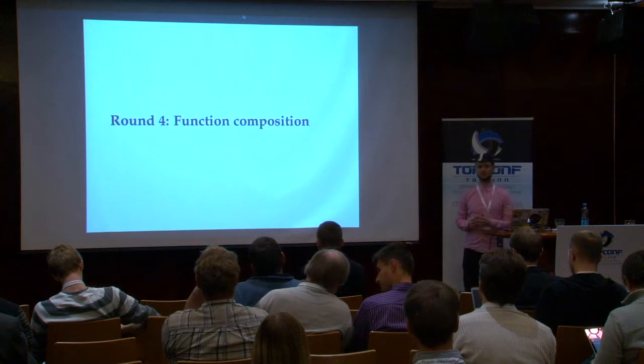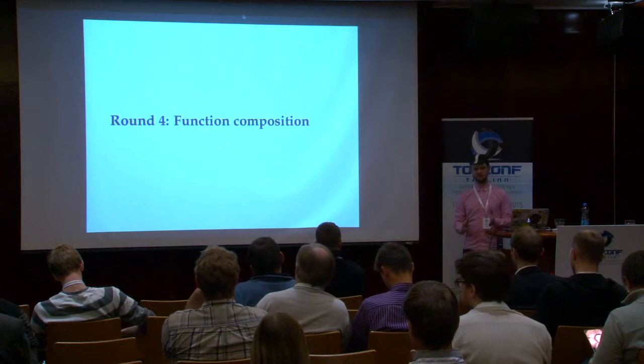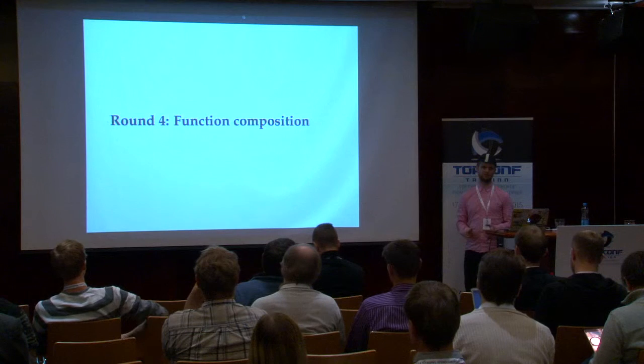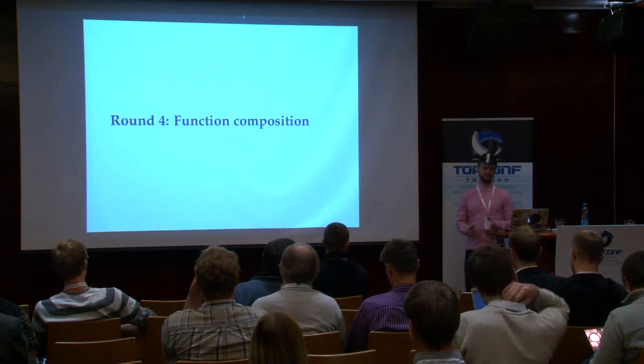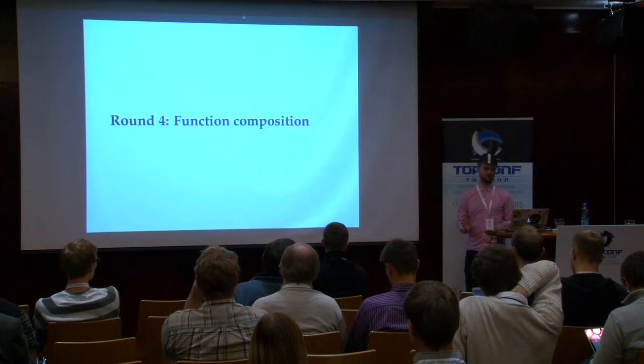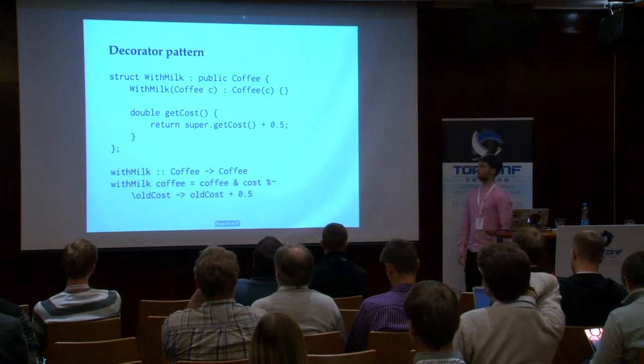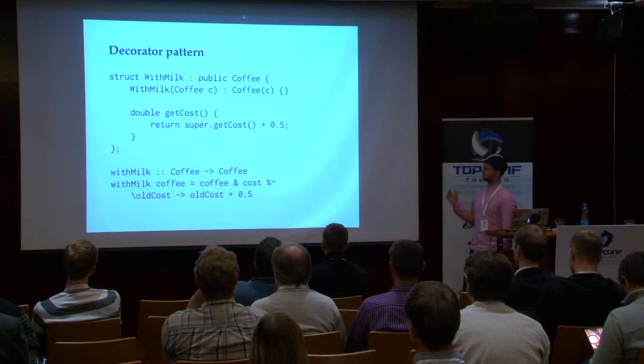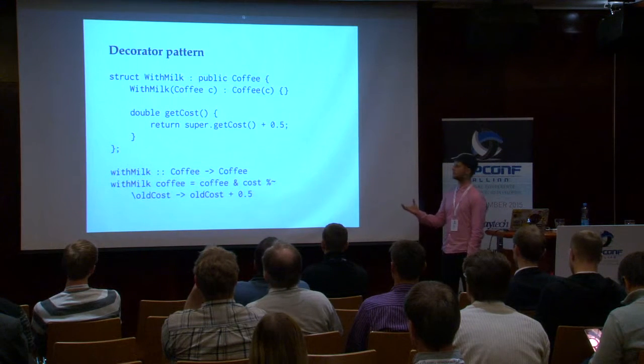Functional composition is the pattern we use in functional programming. So everything is somehow composition, and most likely we will compose functions. For example, the decorator pattern is a thing where we compose stuff.